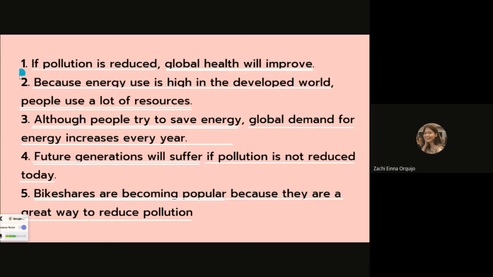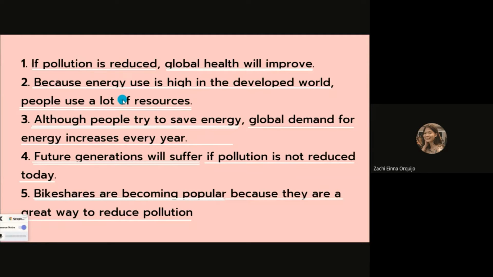Okay? So, second, because energy use is high in the developed world, people use a lot of resources. So, ang cause po natin dito ay yung paggamit ng energy, no? At ang effect po noon ay paggamit ng maraming resources or maraming materials ng mga tao.